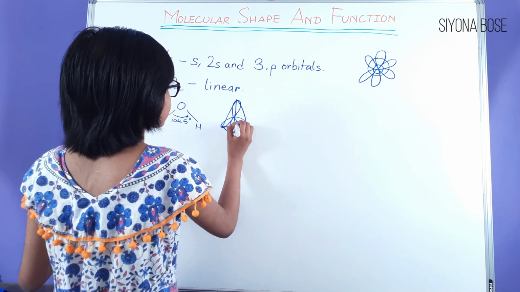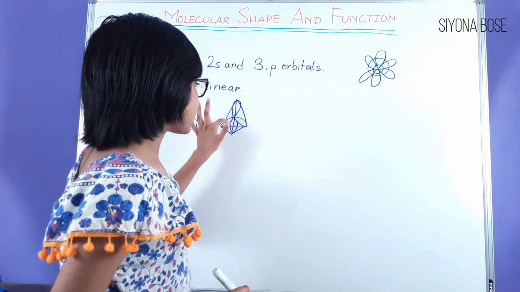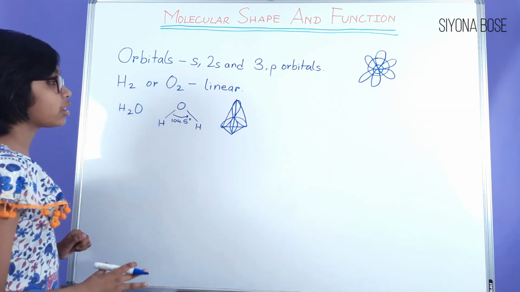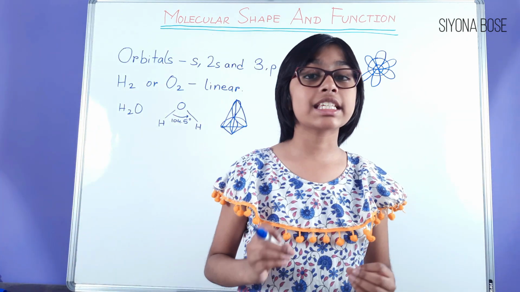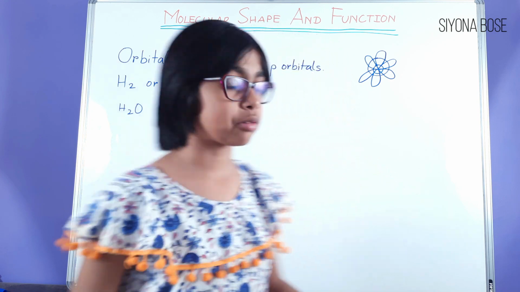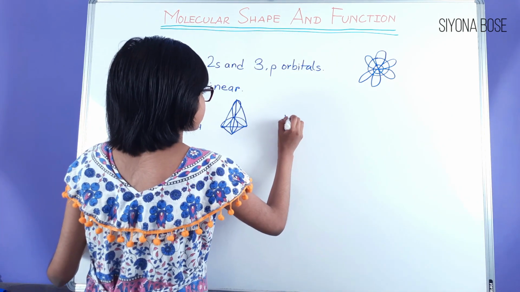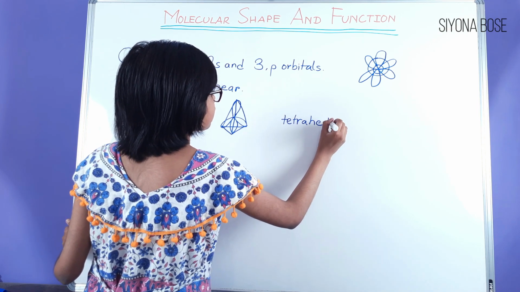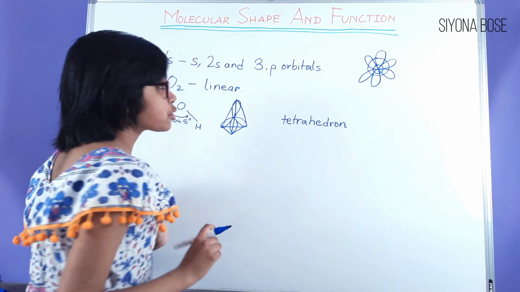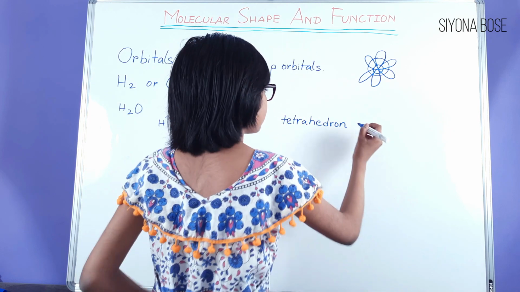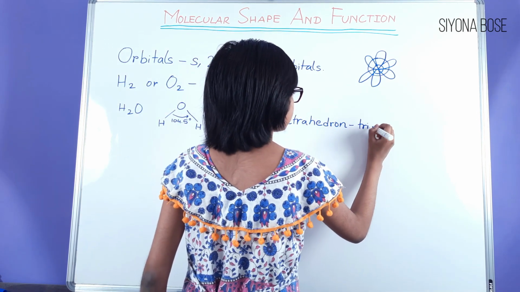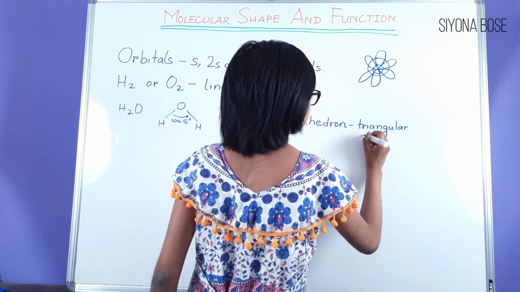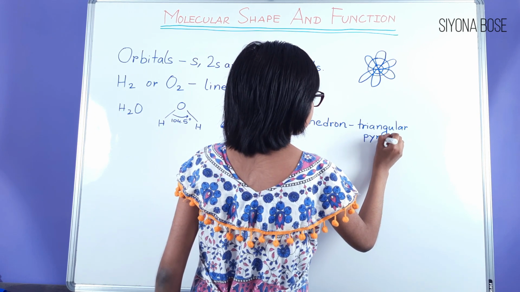Imagine here is the center, the O, and it branches out to the H. This is how it will look in the orbital figure. This forms a tetrahedron, or a triangular pyramid.